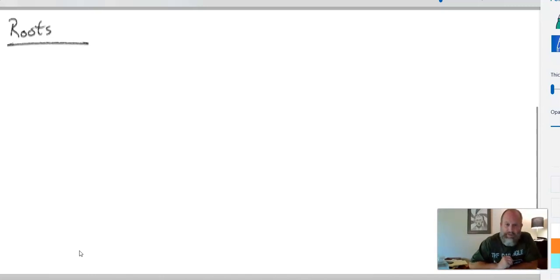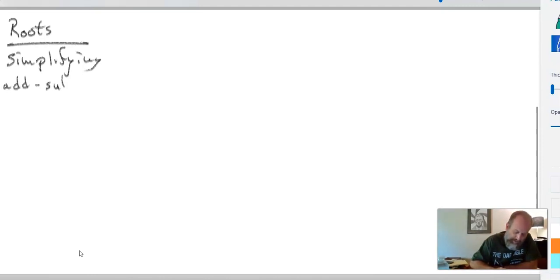The things that we're going to cover with roots are going to be simplifying, and then all of our operations. We want to be able to add, subtract, multiply, and then division's the thing that's going to be handled a little differently. Division's actually handled by rationalizing the denominator.